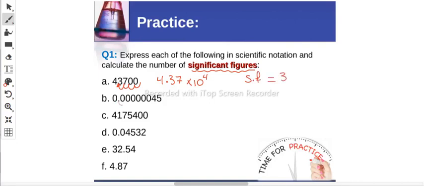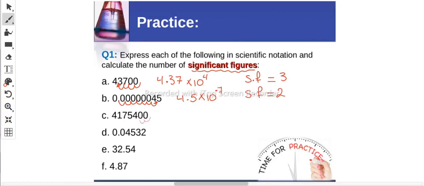In B part, I will start now counting and taking my decimal, and I will stop beside the 4. So my final answer is 4.5 multiplied by 10 to the power of negative 7. The significant figures number, according to my final answer, I have only 2 numbers appearing in the scientific notation.